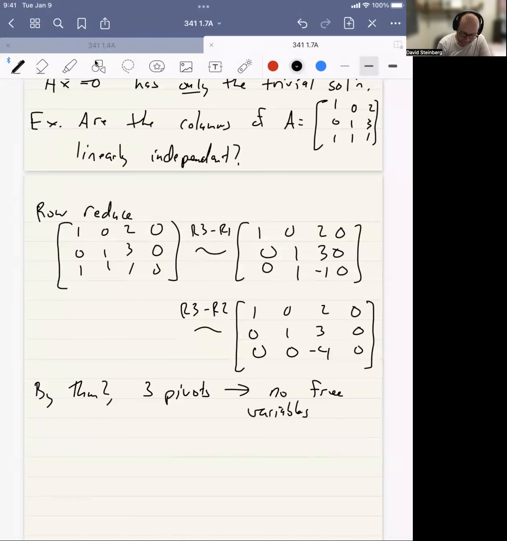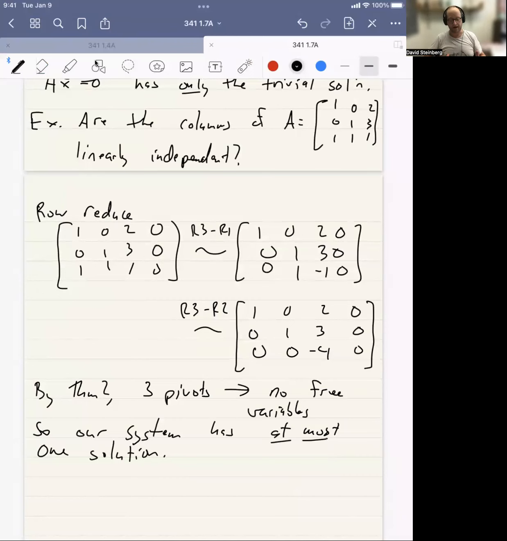So our system has at most one solution. According to theorem 2, it could have no solutions or one solution. But we know it can't have no solutions. We know that every homogeneous equation has at least one solution, at least the trivial solution.